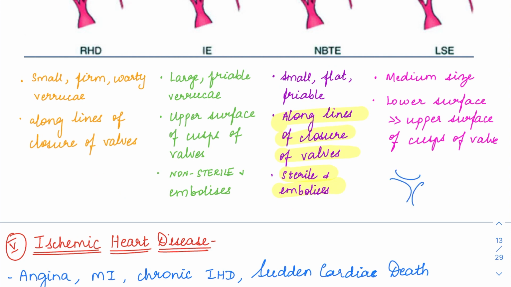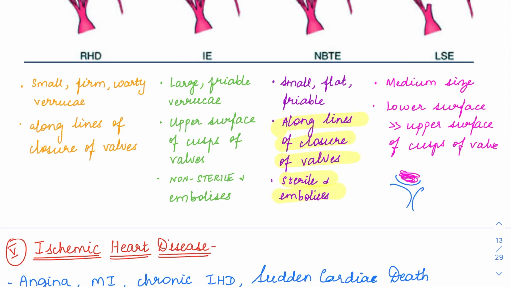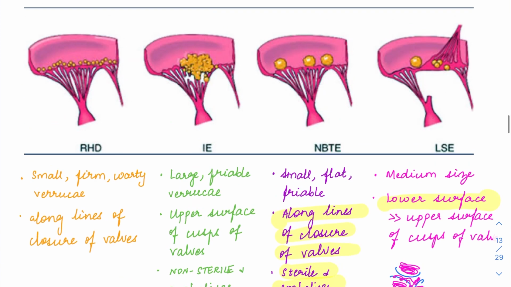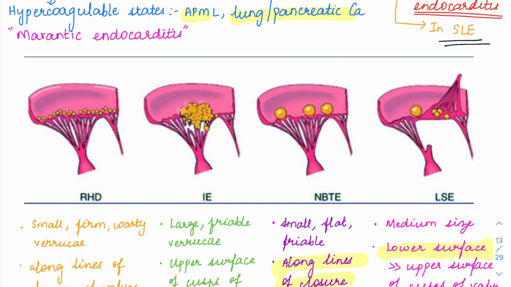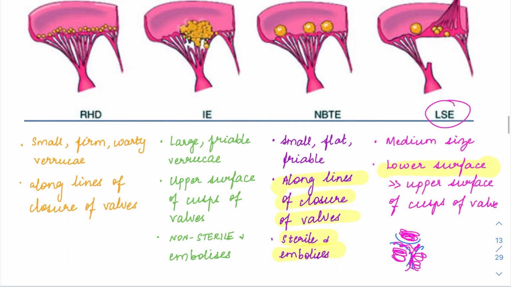If this was the valve, we are going to see the vegetation present on both surfaces, but more on the lower surface. That is very important. So how do you remember this? LSE itself, Libman-Sacks endocarditis, has LS, which is for lower surface. So remember it like that. Both surfaces can have vegetations in Libman-Sacks, but it is more common on the lower surface.